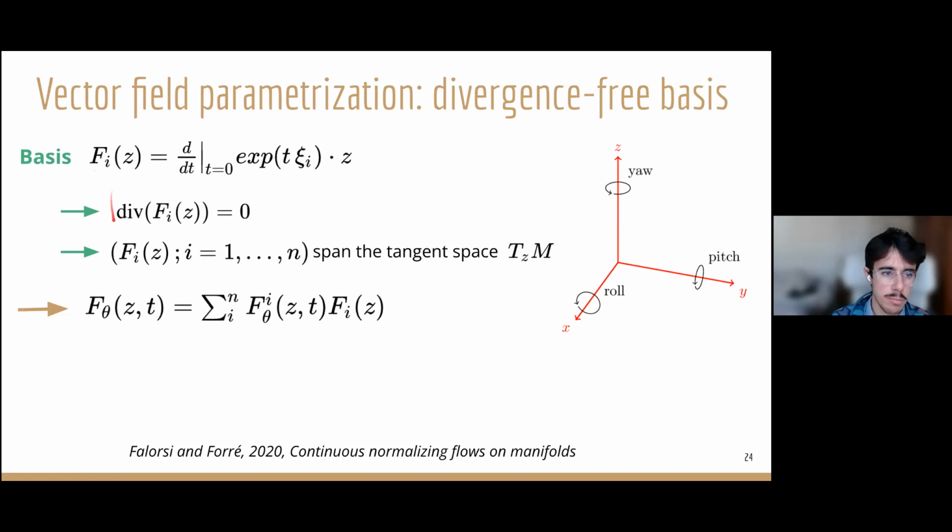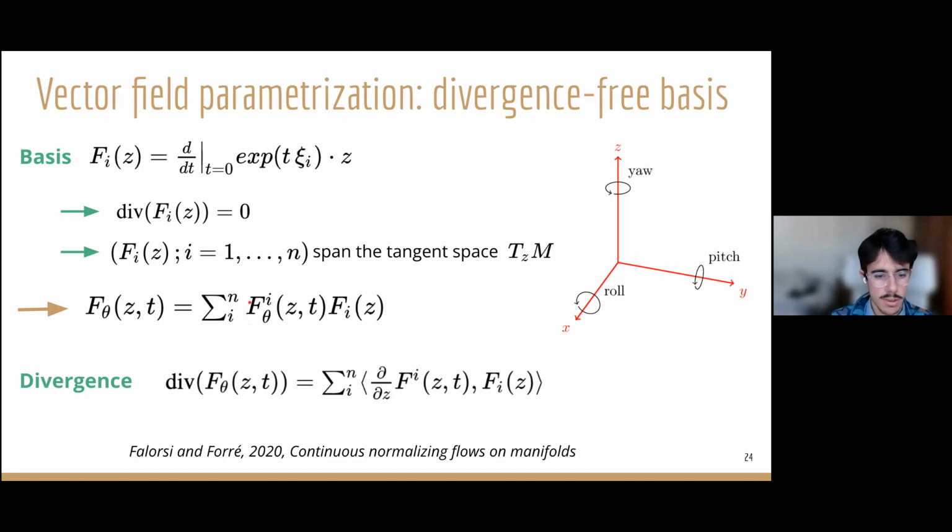We express our vector field as a decomposition on this collection, and we parameterize these with a neural network. Then the divergence is nice because you basically get two terms, and one of them is zero because of this property. The remaining term is still tricky to compute for large dimensions, but you can also use a stochastic estimator. That was proposed in this paper.